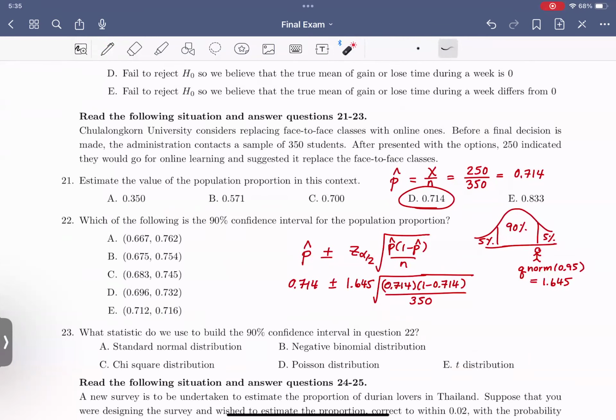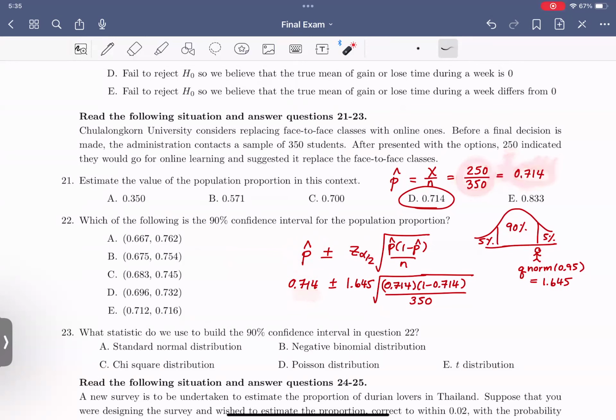This is a question where we don't use the p hat as the exact value, because if you plug in 5 over 7, I mean 250 over 350, this is actually 5 over 7, and then I only cut 3 digits here, you see? And then I use the 3-digit number here.